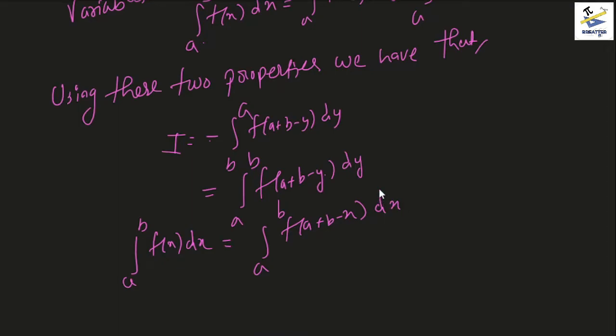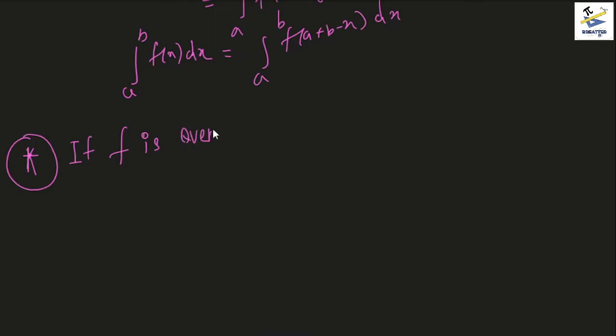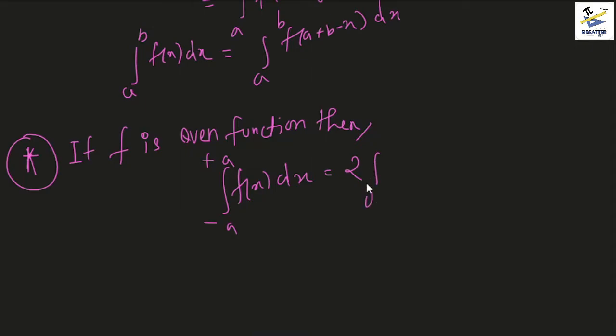But now it's time for doing some more of the properties here. Like, first of all, if f is an even function, it becomes 2 into 0 to a f of x dx, right?